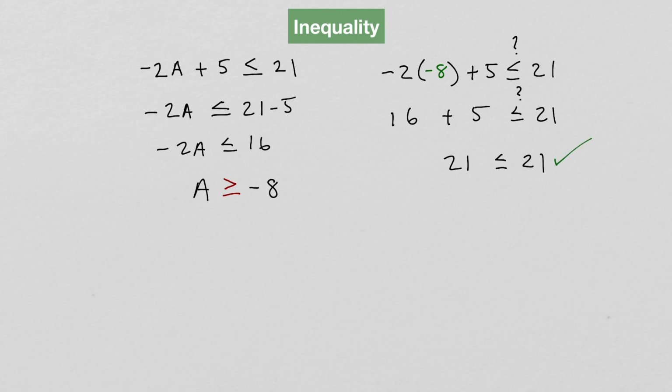What if we picked a number that is not greater than or equal to negative 8? So let's say negative 10. If we plug negative 10 into the equation, we get negative 2 times negative 10 plus 5 less than or equal to 21. Let's see.